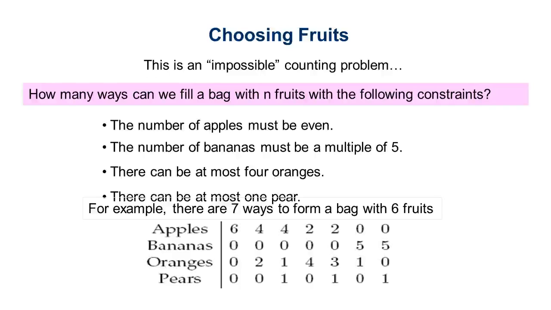There are 7 ways to form the bag. Either apples is 6, then the others cannot be used, bananas or oranges, since there can be at most 1 pear.